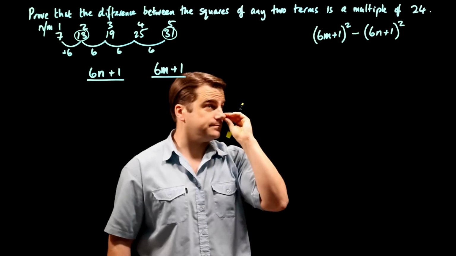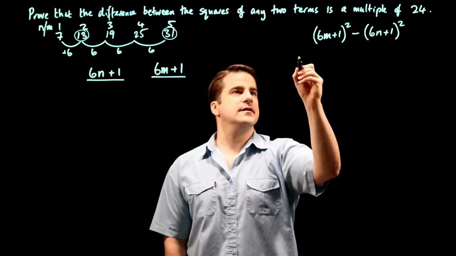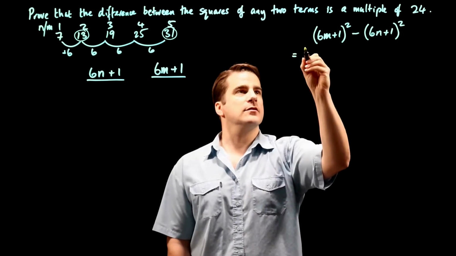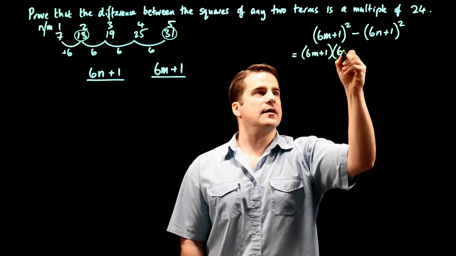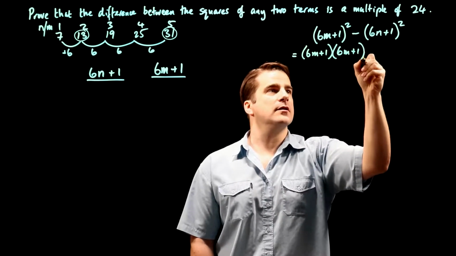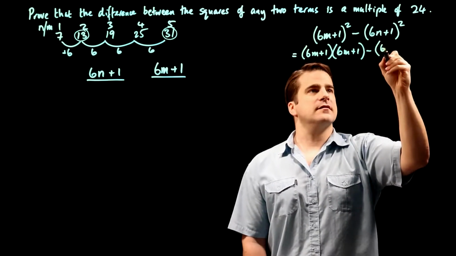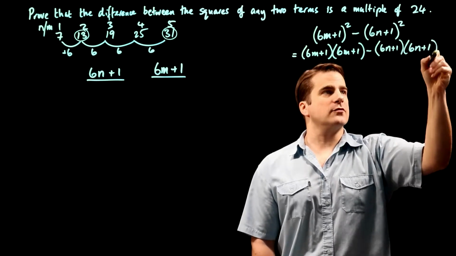So let's do that. Okay, so that is equal to, have to write out the brackets in full. So that's (6m plus 1) times (6m plus 1) minus (6n plus 1) times (6n plus 1).